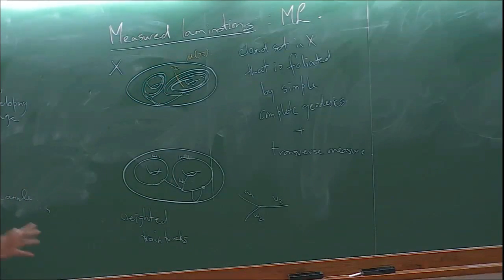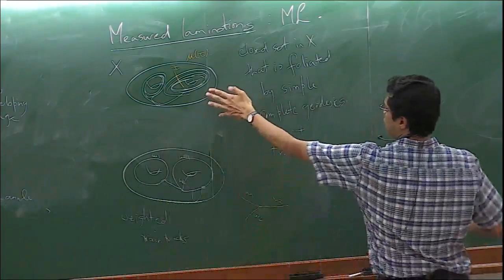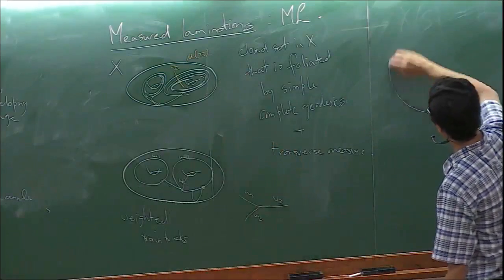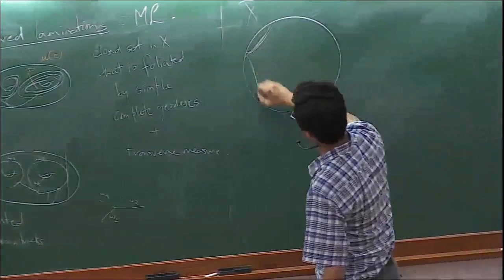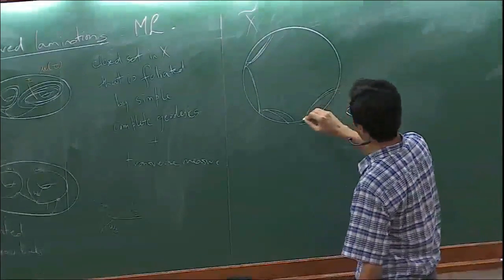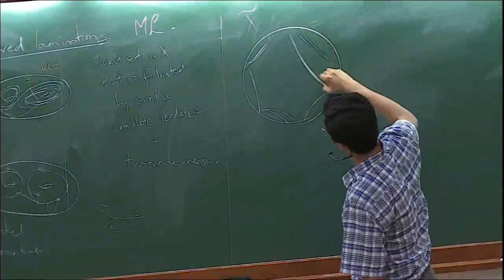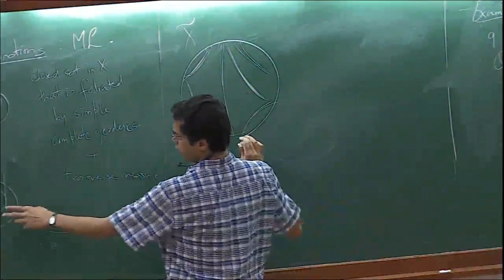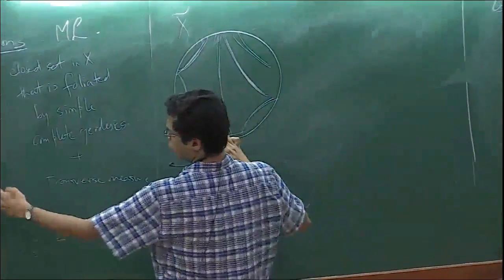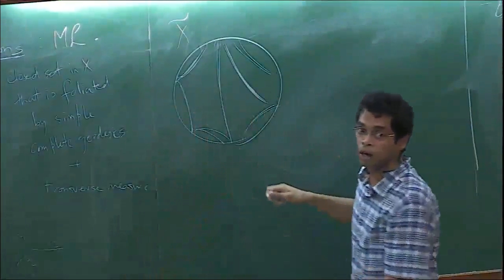All right, so once you have such a geodesic lamination, you can lift it to the universal cover, and these geodesics lift, you have some kind of tree-like pattern that I won't try to draw, that's modeled on the lift of this train track graph.